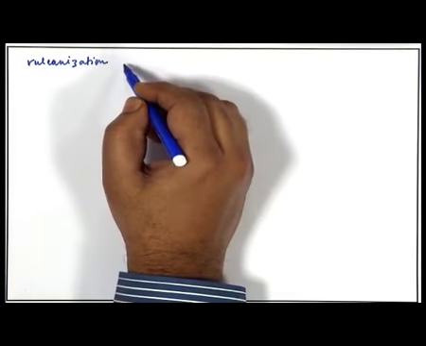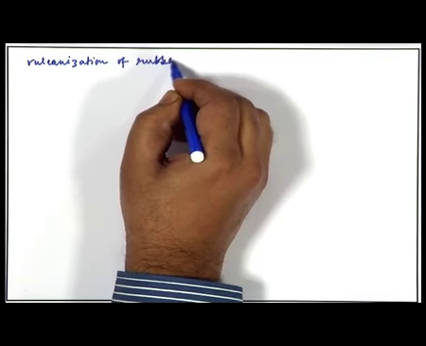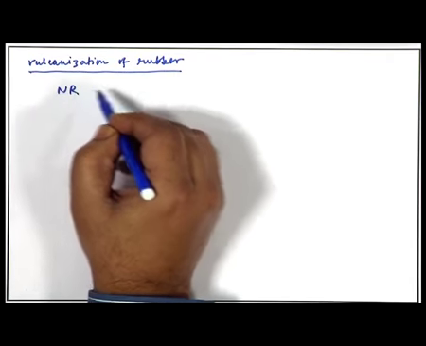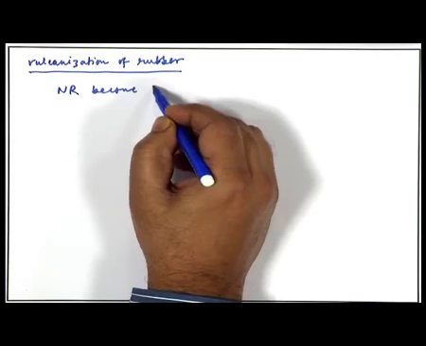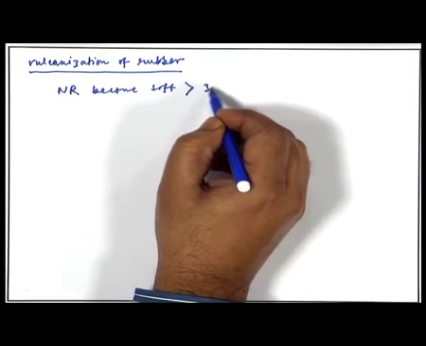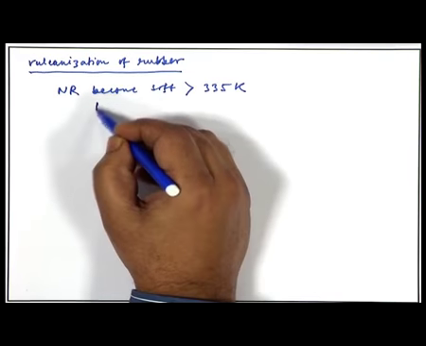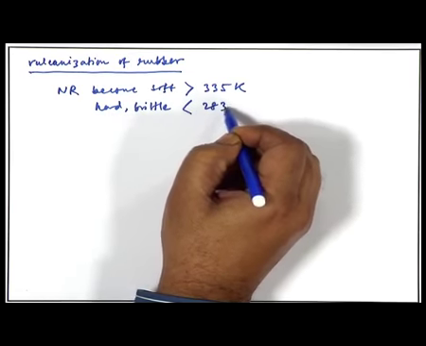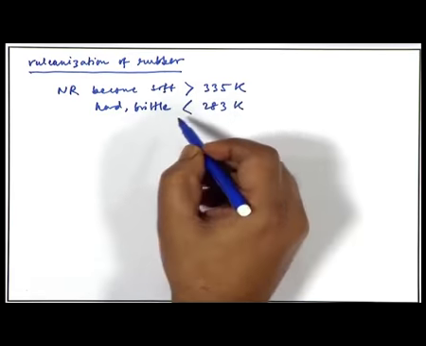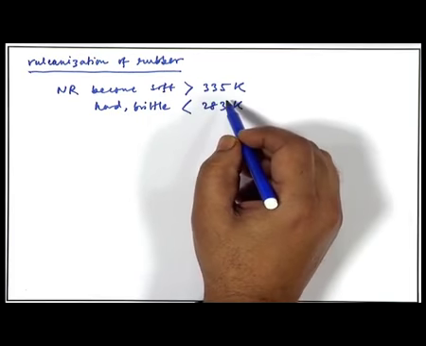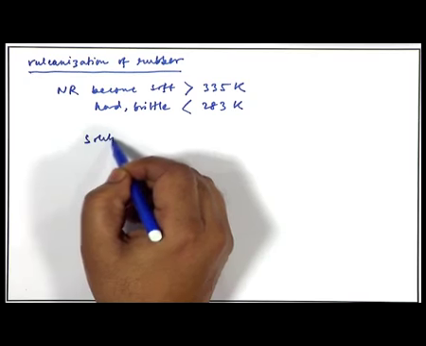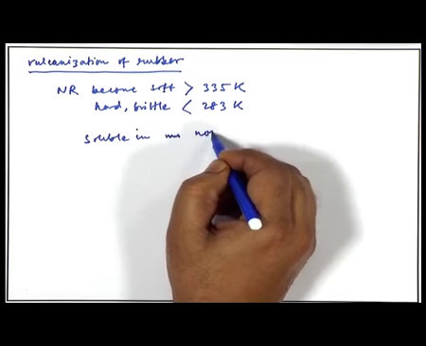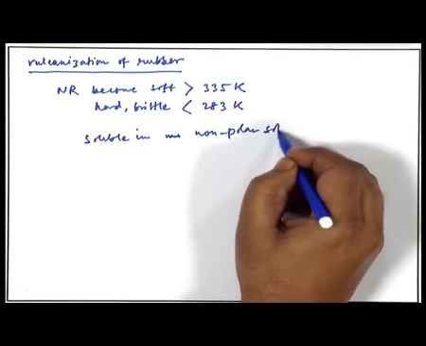Z or S, whatever you can write. Now, why do we require vulcanization of rubber? This natural rubber becomes soft, as I mentioned, soft and sticky at greater than 335 K. It becomes hard and brittle at less than 283 K, and this limits their application. At low temperature it also has a high water absorption capacity, and it is soluble in nonpolar solvents.